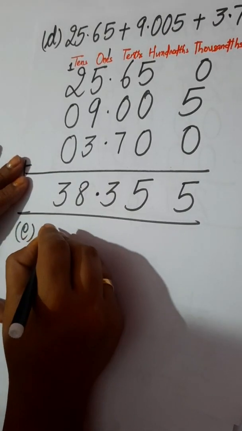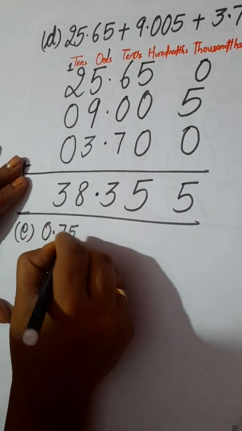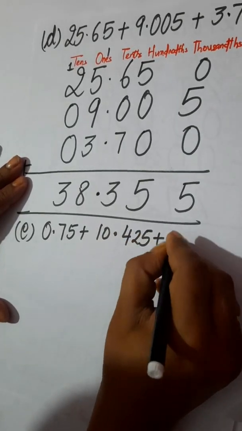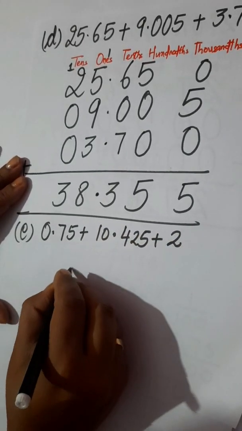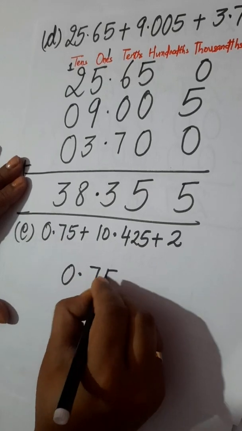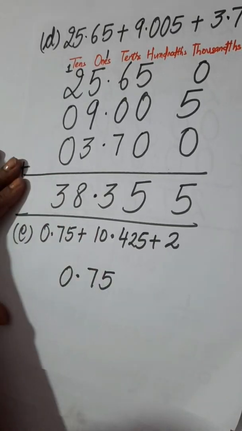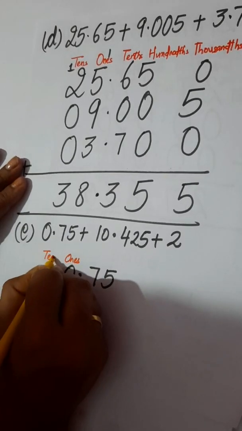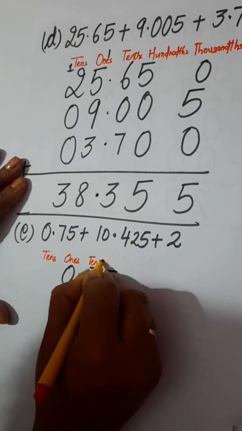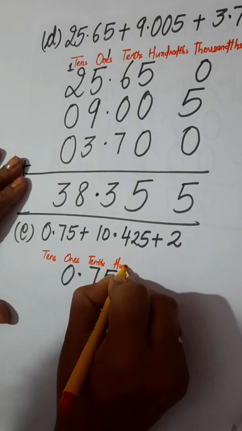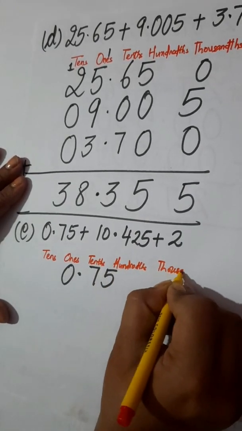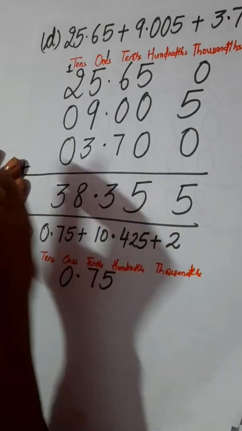Part E is 0.75 plus 10.425 plus 2. Now you will write 0.75. Here you will write like this: ones, tens, tenths, hundredths, then thousandths.